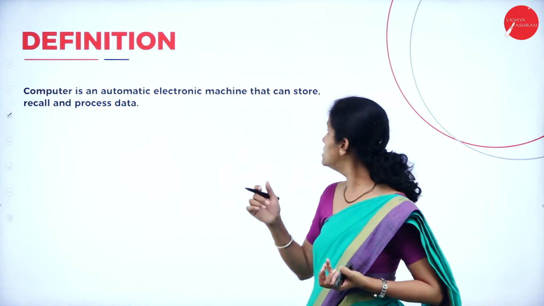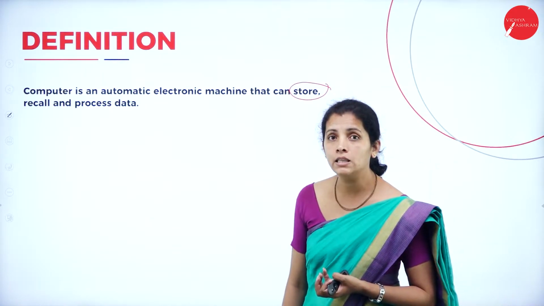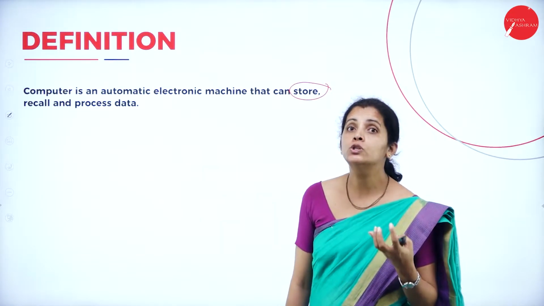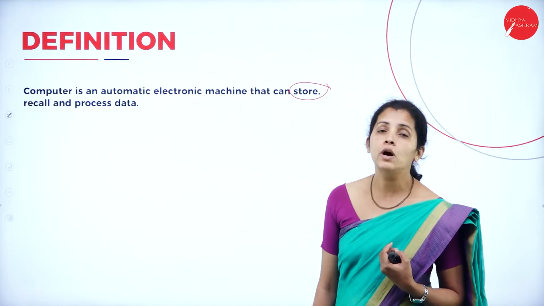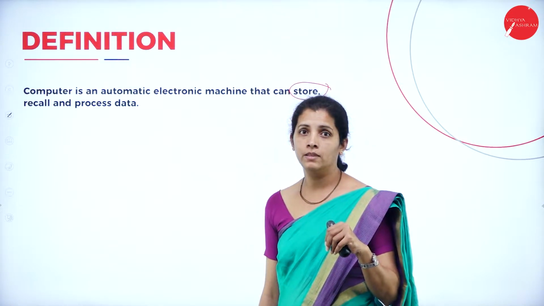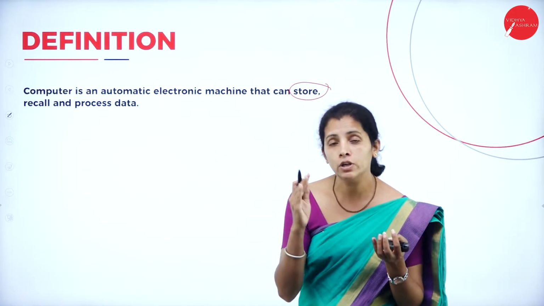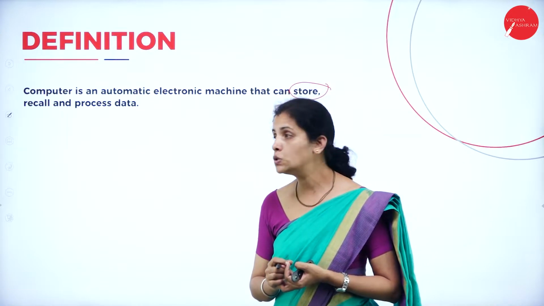So what is this store? Here store is nothing but the place or repository used to store the data or information. And what is the meaning of recall? Recalling. That means we are going to recall where that particular data as well as instructions are stored.